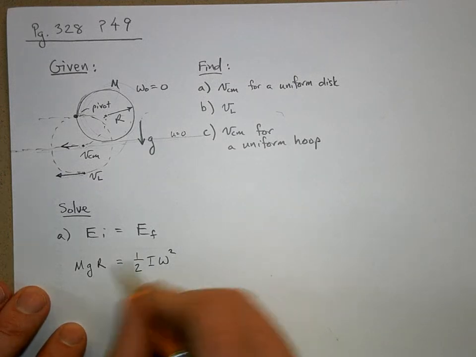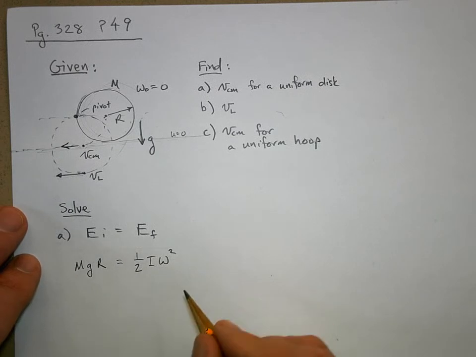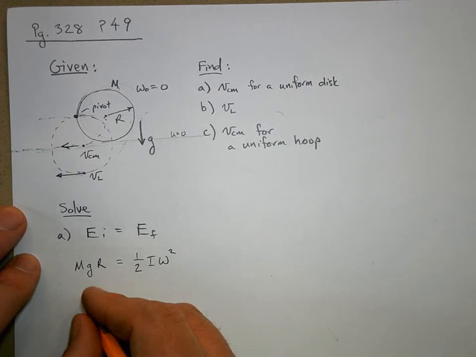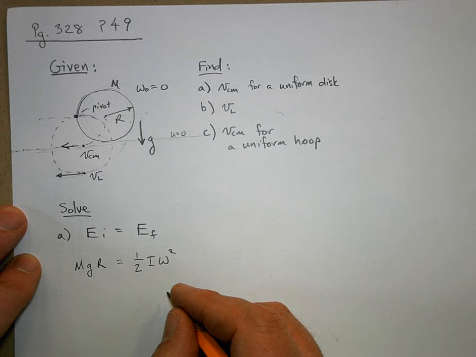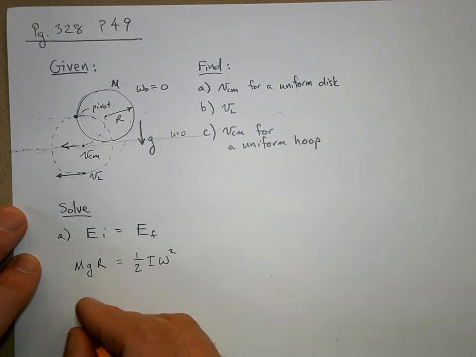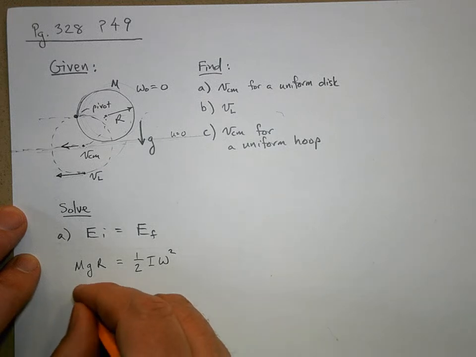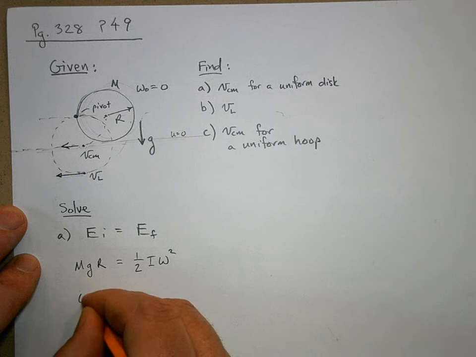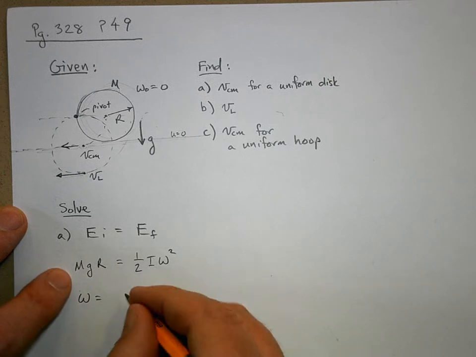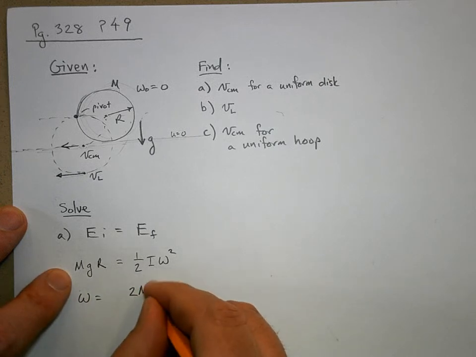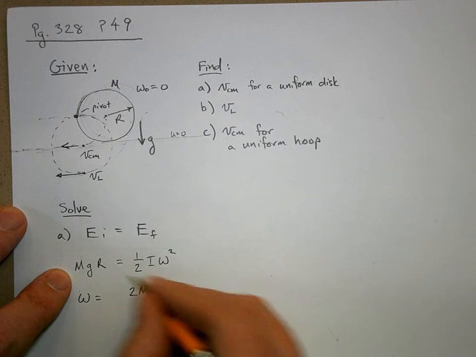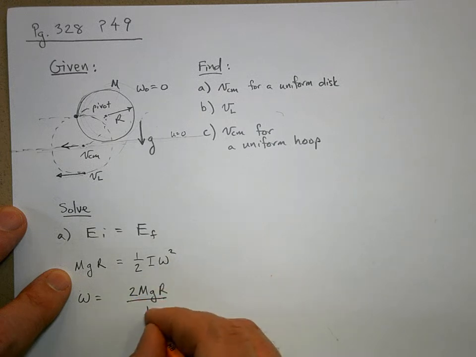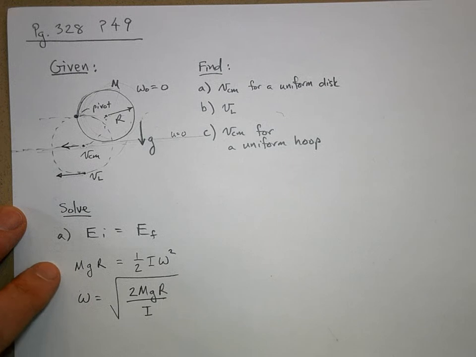So anyway, let's just go ahead and solve for omega, and then we'll multiply by r to get the velocity. So omega is equal to the square root of 2mgr divided by I. Now we have to figure out what I is.